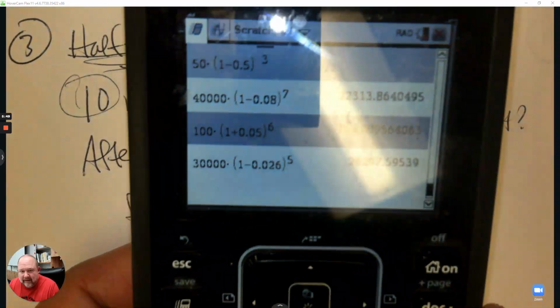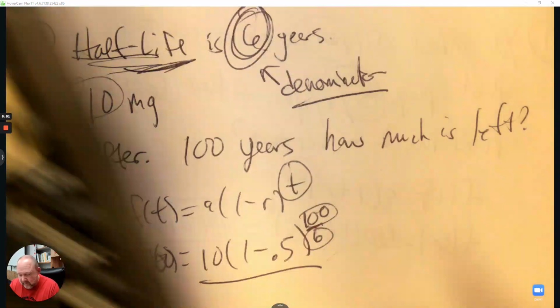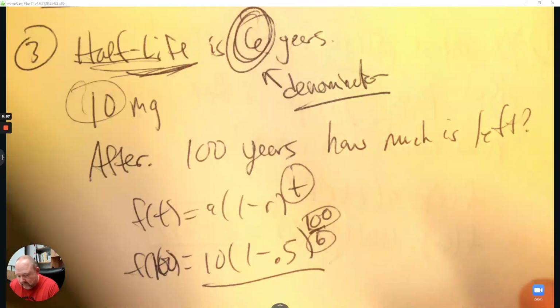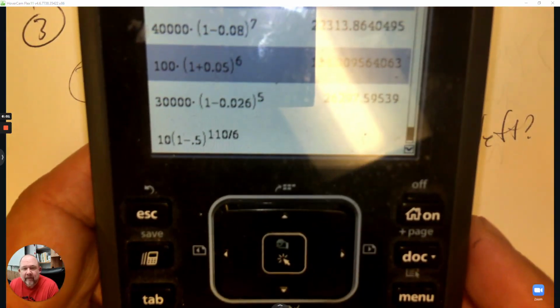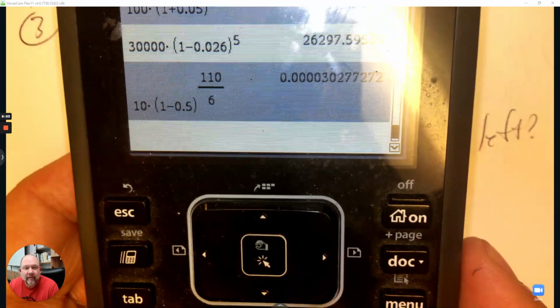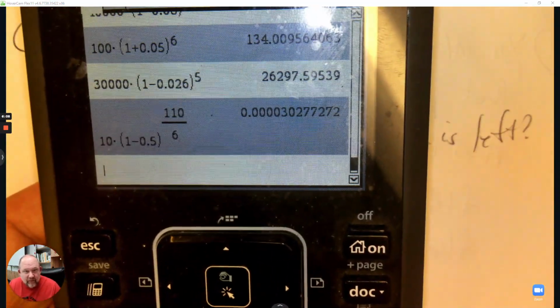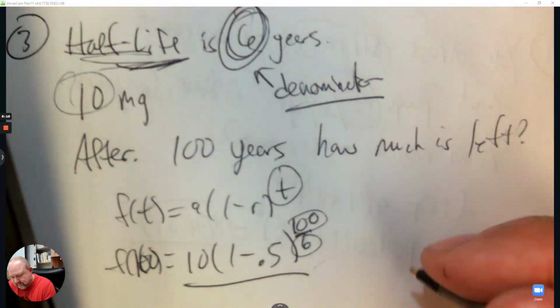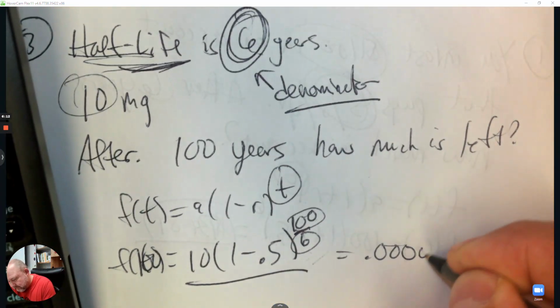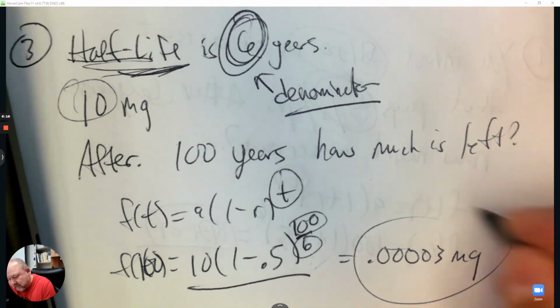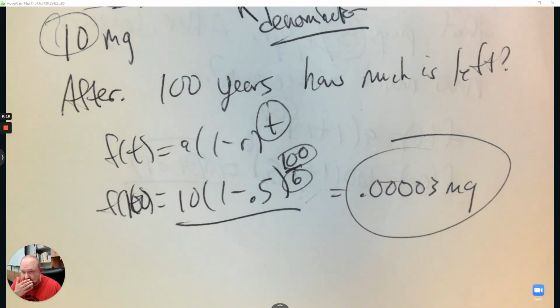So we have 10, 1 subtract 0.5 to the exponent 100 over 6. And then that's how much is left. Not much, 0.0003. So as we do half-life, the more years you have, it gets smaller and smaller and smaller.